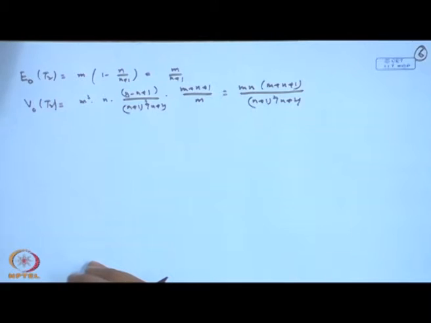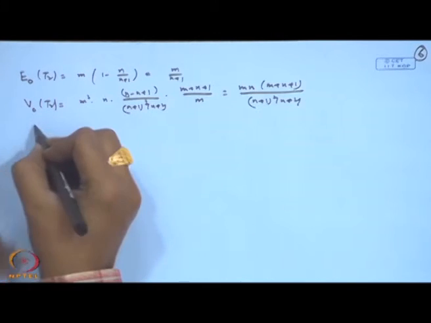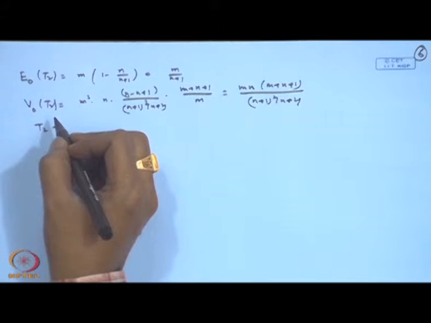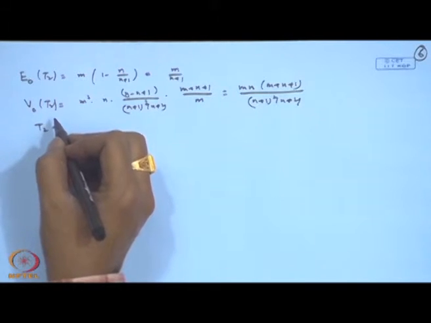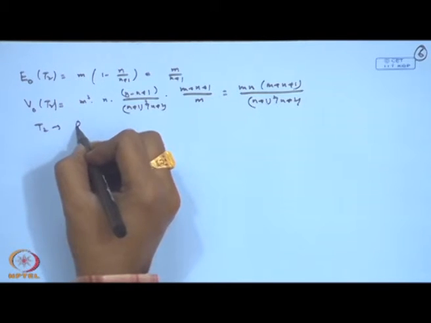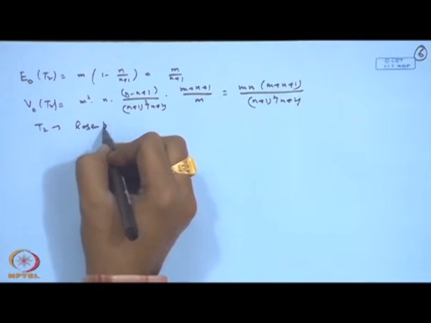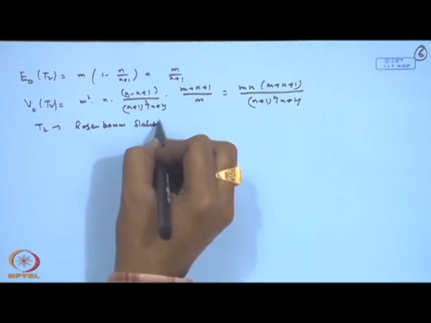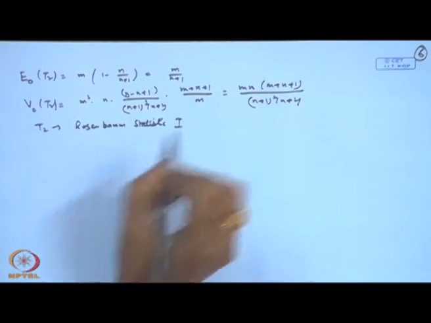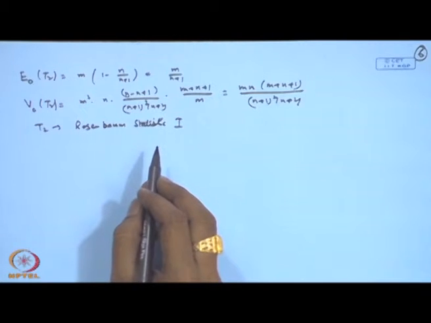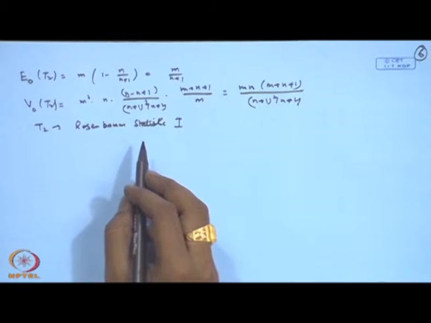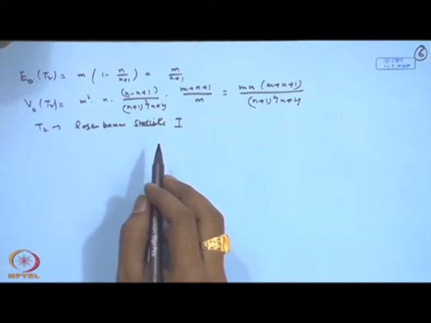So, one can use this also. This T2 is called a Rosenbaum statistic 1. So, we can do the testing based on this also. For example, here it is greater.